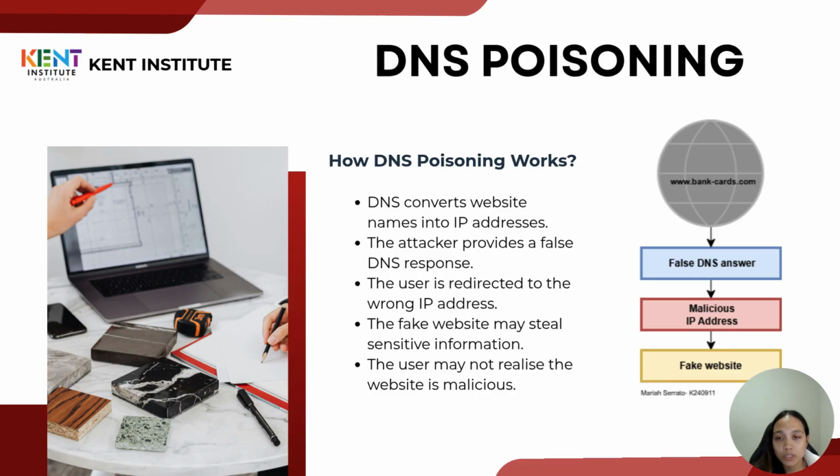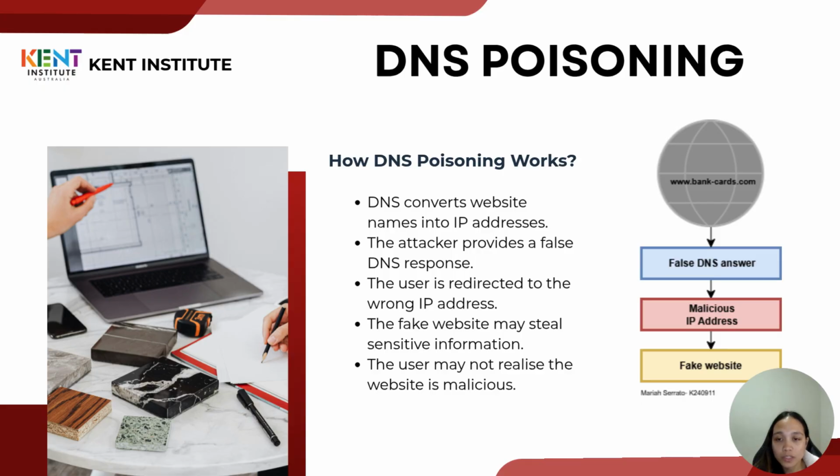In DNS poisoning, the attacker provides a false DNS response. As shown in the diagram that I made, the user may receive a malicious IP address instead of the correct one. The user can then be redirected to a fake or malicious website. The fake website may look similar to the real website, so the user may not realize that it's malicious.